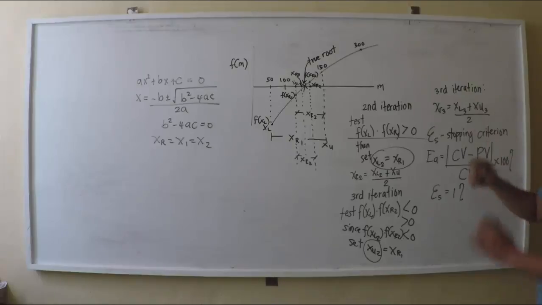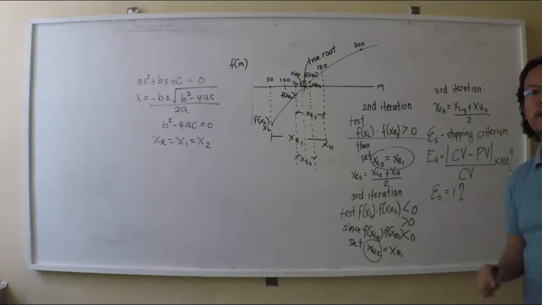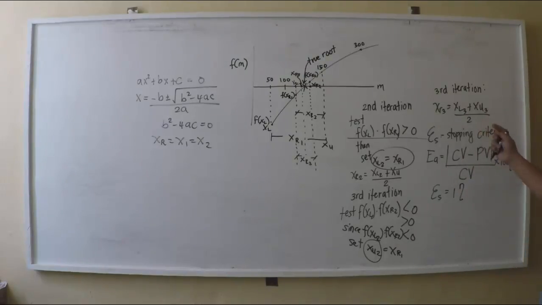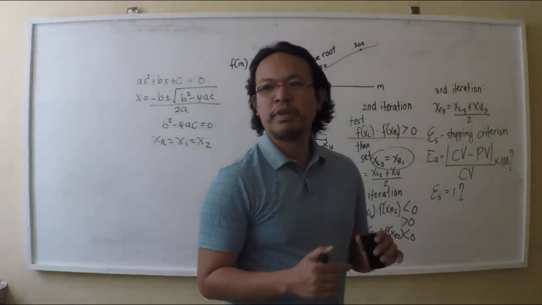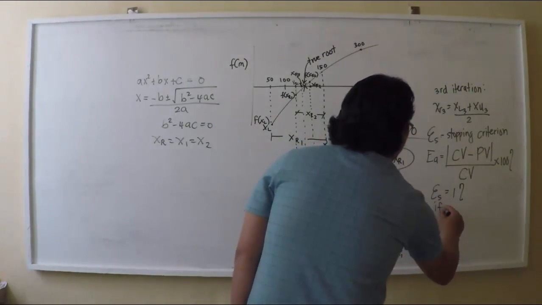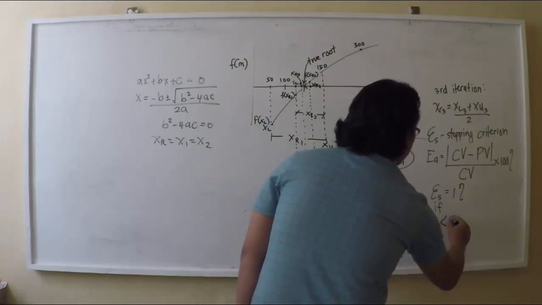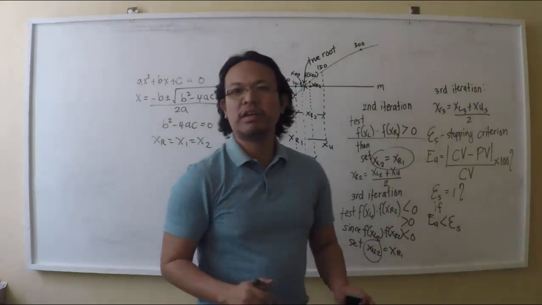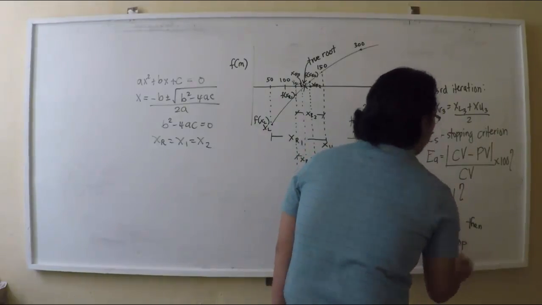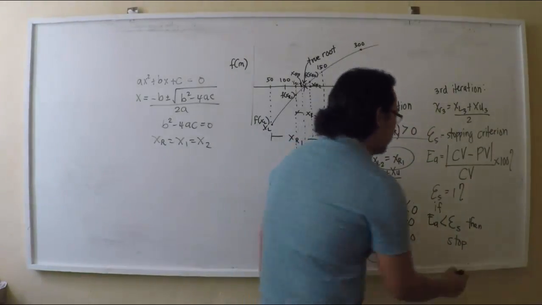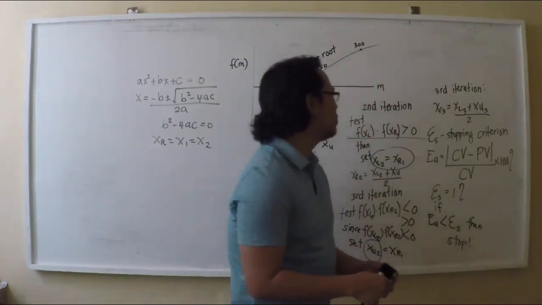Right now the current value is XR3 minus XR2 over XR3 times 100%. Then you test whether it is less than the stopping criterion. So if EA is less than ES, the stopping criterion, then you stop, because you already met your stopping criterion.